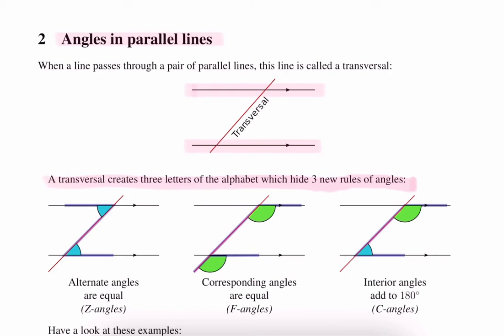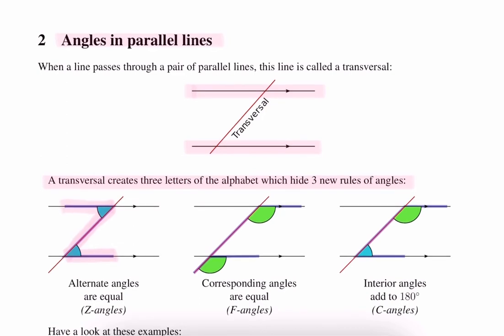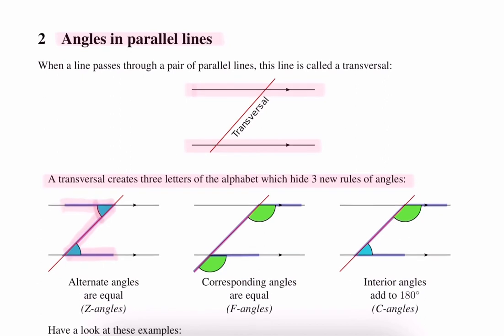The first letter we're going to introduce is the Z letter. The Z letter makes alternate angles. The alternate angles, as you can see, they are in opposite positions. If one of them is on the left, the other one is on the right. And if one of them is up, the other one is down, which are highlighted in blue.